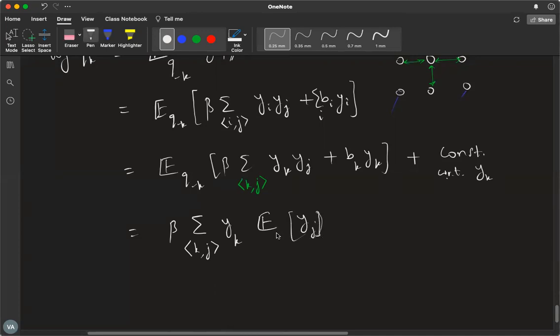And here this is q of minus k, which is simply q of j, where j is the neighbor. Plus bk yk. And these terms again are independent of q of minus k, right? Q of minus k does not affect these terms.